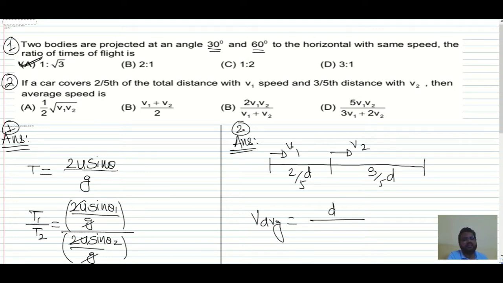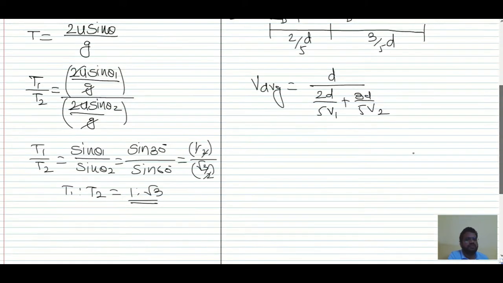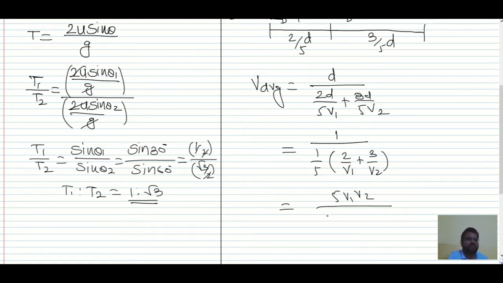Time over here is distance by speed, so 2d by 5v1 plus 3d by 5v2. Now this d will get cancelled, and we'll have the 5 common. So d cancels, 1 divided by 1 by 5 in bracket 2 by v1 plus 3 by v2, which is 5 v1 v2 divided by 2 v2 plus 3 v1.